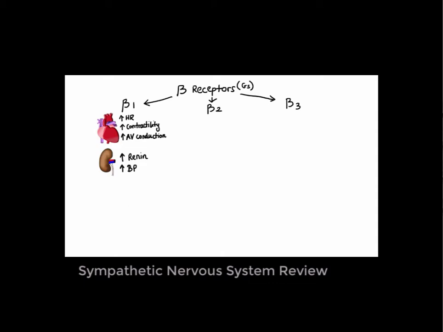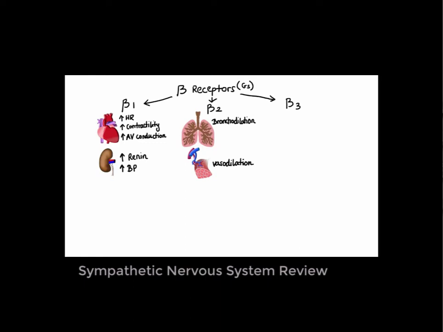Now, let's move on to beta 2 receptors. Beta 2 receptors are mainly located in the lungs on the bronchial smooth muscle, and when activated, they lead to bronchodilation. They are also located on the vascular smooth muscle and the arteries of skeletal muscle, and when activated, they lead to relaxation of blood vessel, or in other words, vasodilation.